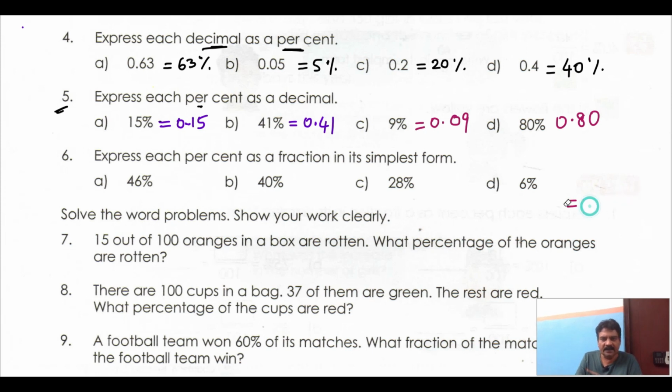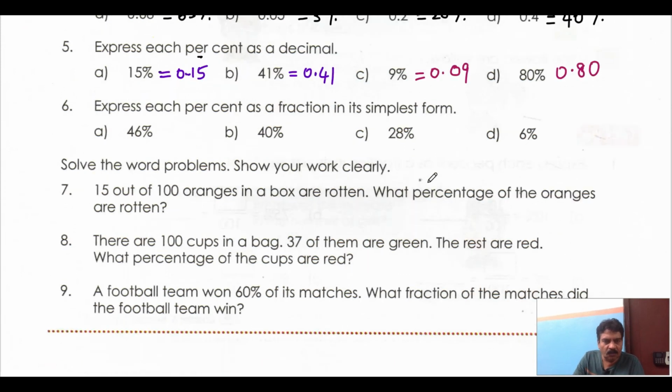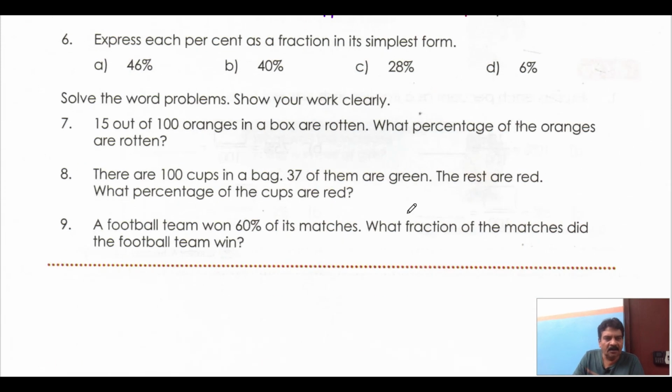The next is your sixth question. Express each percent as a fraction in its simplest form. So we have to do this. Let me do it here. Read the question.